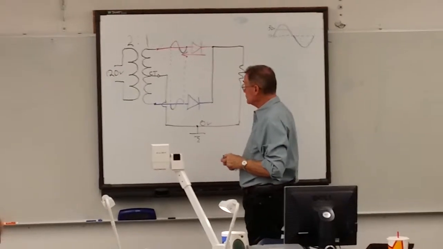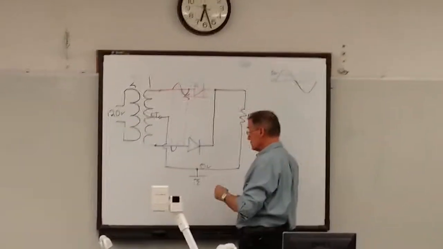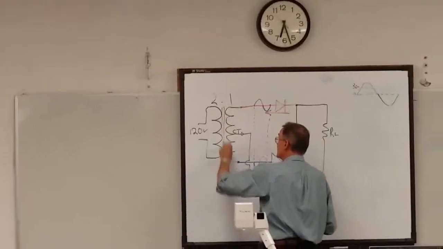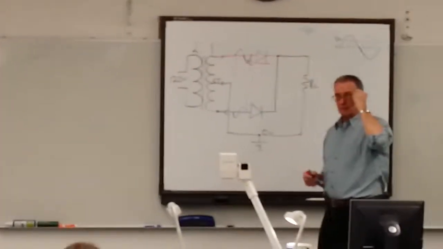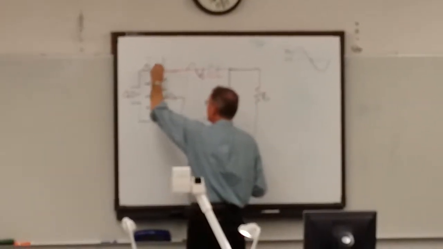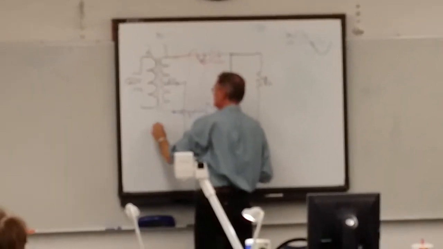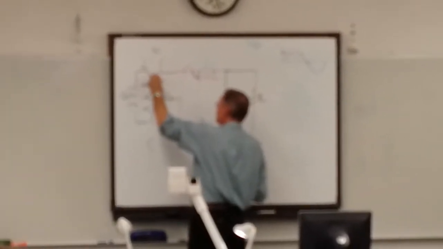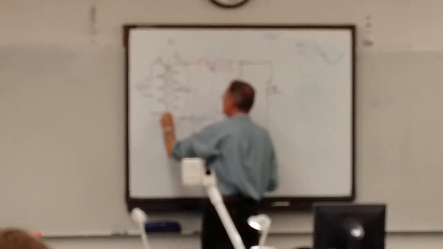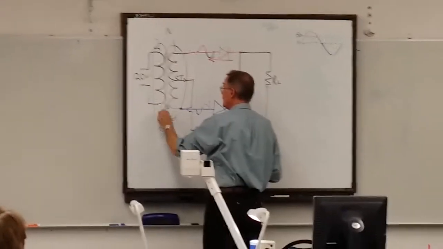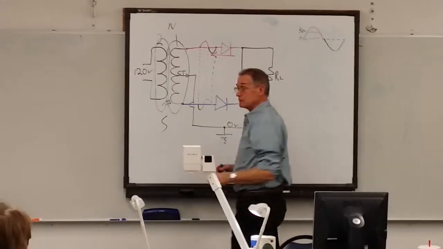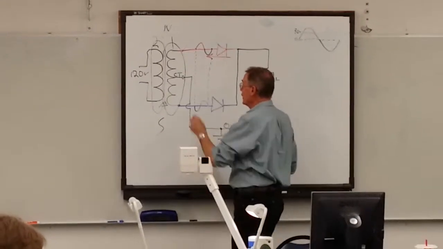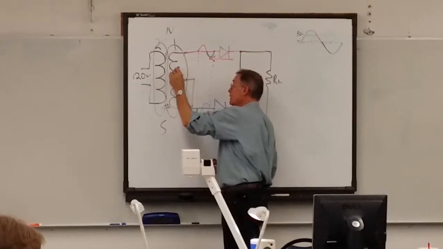See, in a transformer, since there's no electrical connection here, everything depends on the magnetic field. And what happens is, you have a north and south pole, and magnetic current flows out of the north into the south, like that. That's the magnetic field, okay? And whenever you ground the center tap, you see what happens.